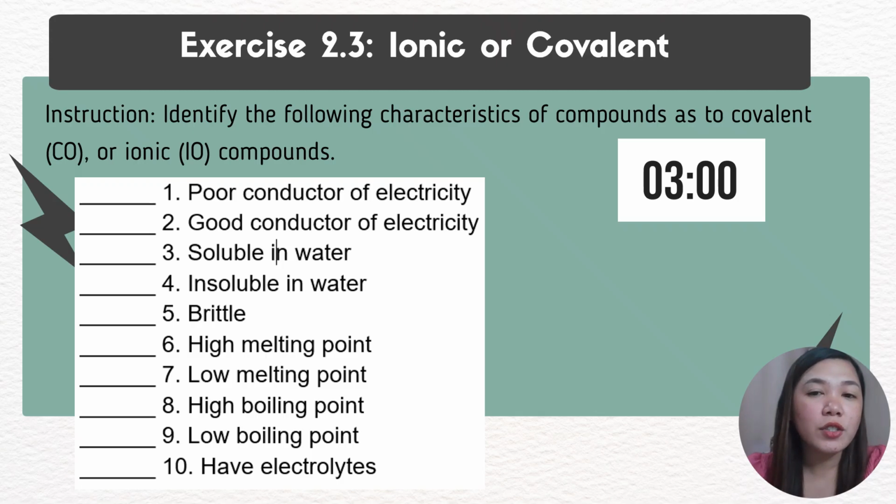Again, the instruction is to write CO if it's a covalent compound, and write IO if it's ionic compounds.